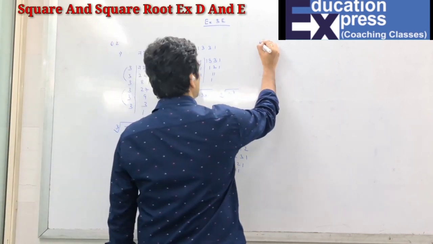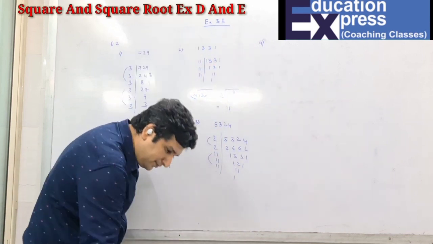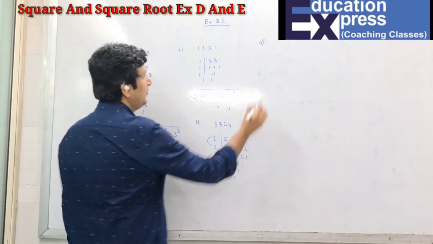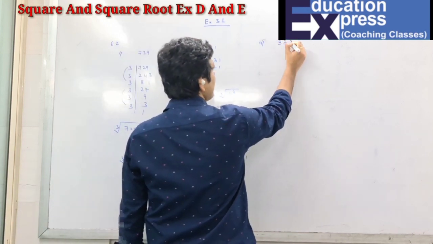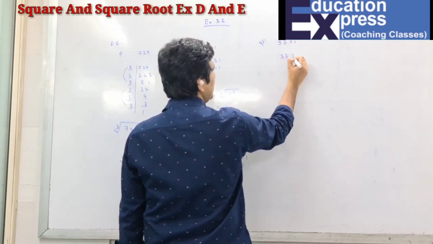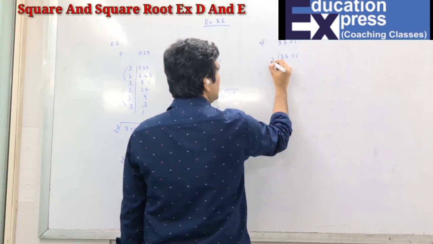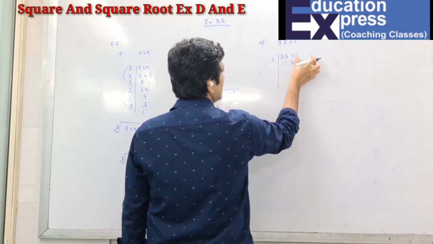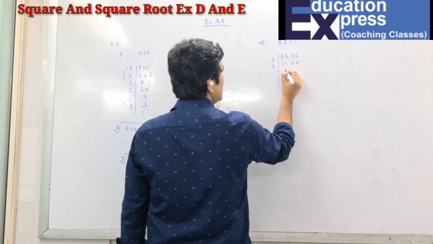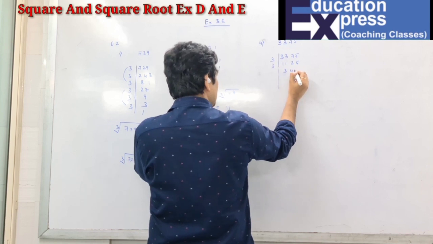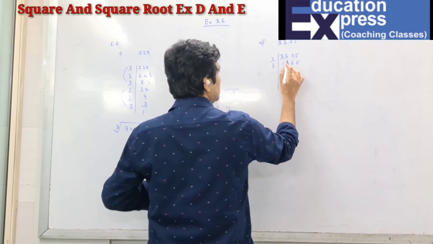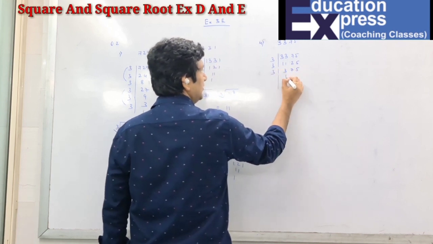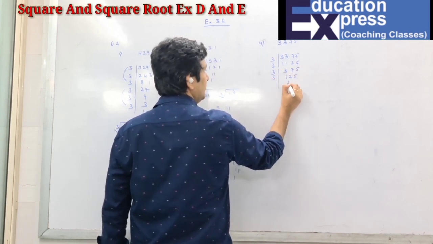Now the part 4. 3375. It goes in the 3 table. 3 ones are 3, 3 twos are 6, 3 threes are 9, 3 fours are 12, 3 fives are 15.